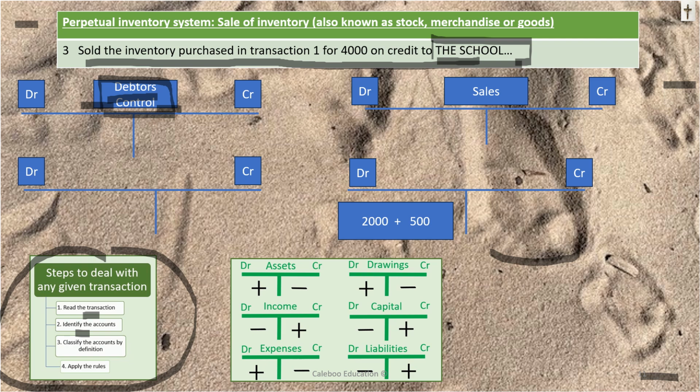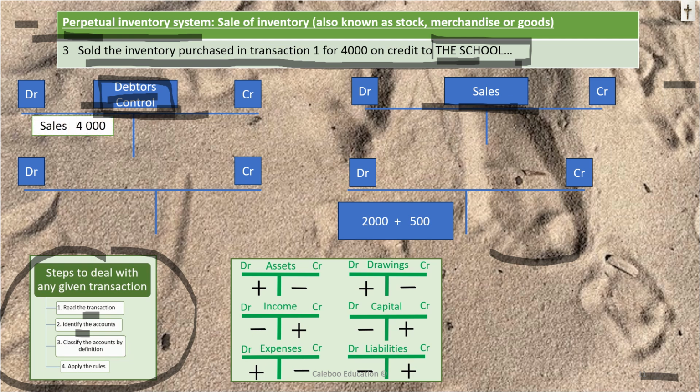Right, there are two parts to this transaction in the perpetual inventory system. The first part is record the sale. So part A of a sale in the perpetual inventory system is record the sale. Debtors control is one account and sales is the other account.